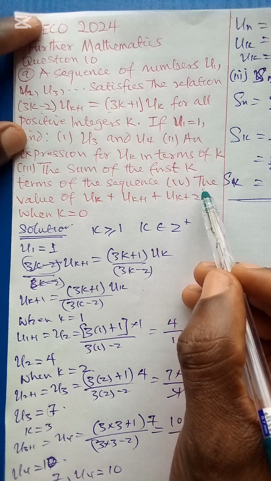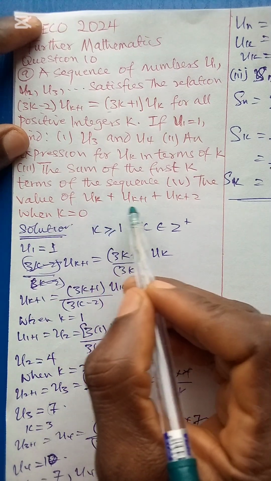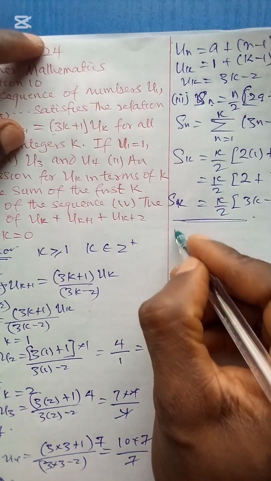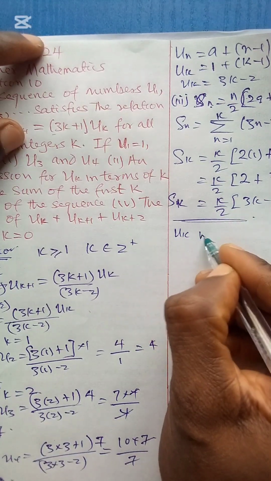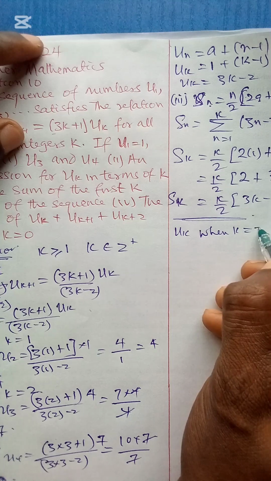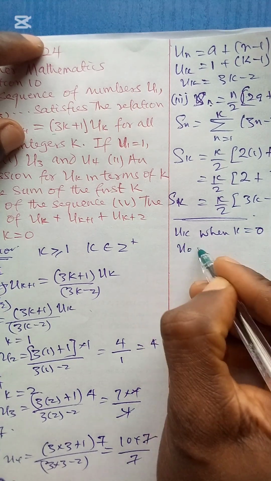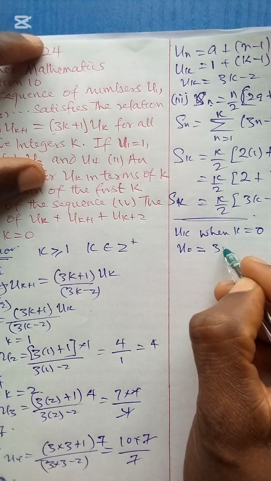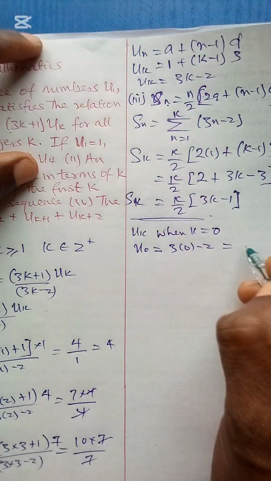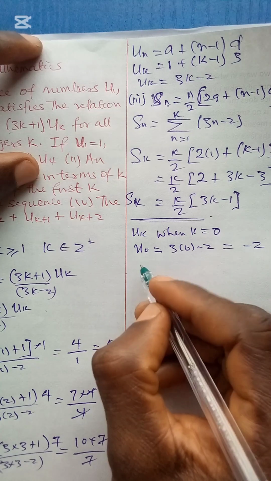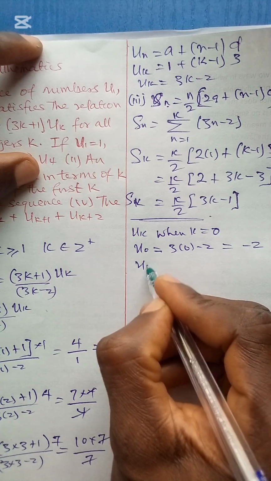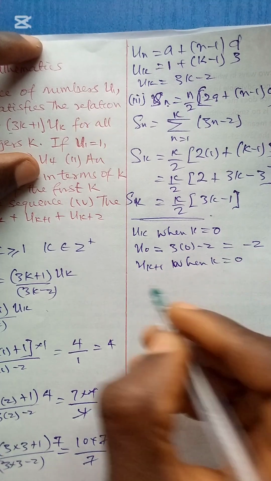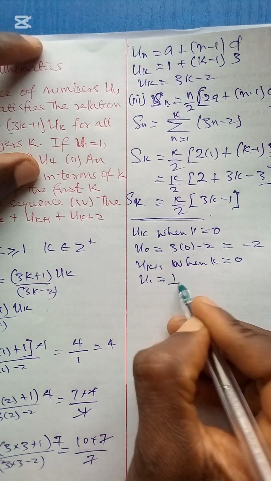Lastly, we are required to find the value of Uk plus U(k+1) plus U(k+2) when k is 0. Now, Uk when k is 0 will now give us U0 equals to, I'm going to use 3 times 0 minus 2, and that becomes minus 2. And so U(k+1) when k is 0 will now give us U1, and U1 is 1.